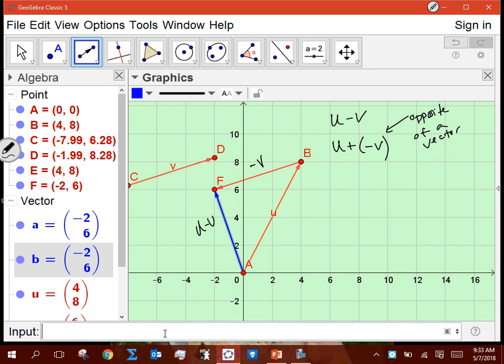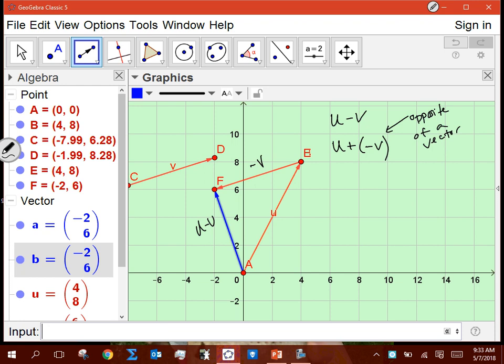If I'm looking for U plus V, I can graph it and drag things around and manipulate the way I think I'm going to get it, and then type in U plus V, and it automatically does that vector addition. Does that make sense? So you can see whether what you've done matches up to the actual answer. Can we do that kind of stuff? That's pretty straightforward, pretty easy.